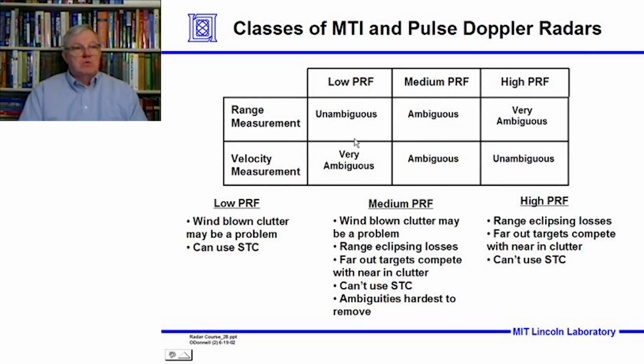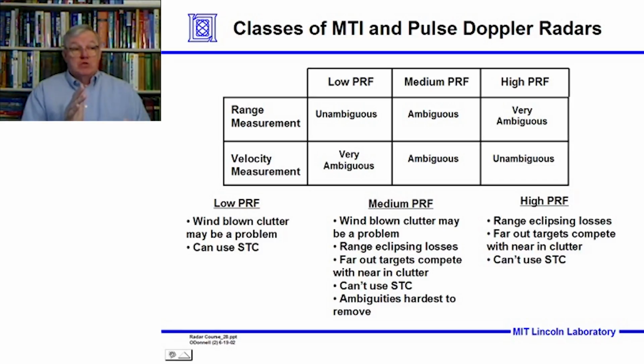Now, what are the issues when we have low PRF radars? With low PRF radars, because they operate at a low pulse repetition frequency, the wind-blown clutter can fill up a big portion of the Doppler space, and that can be a problem.